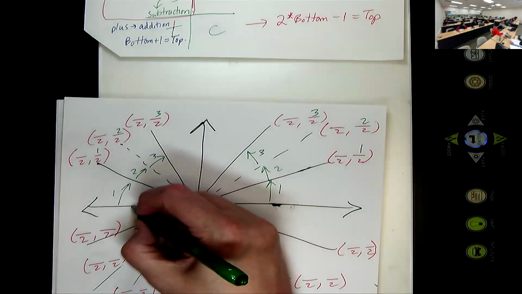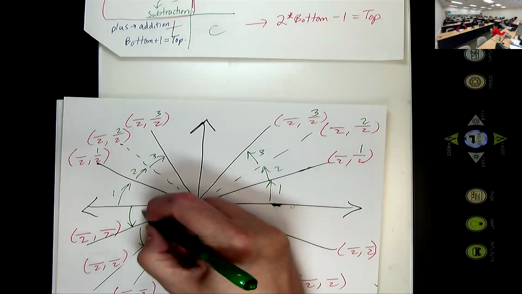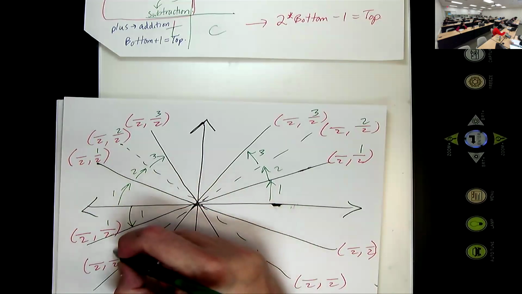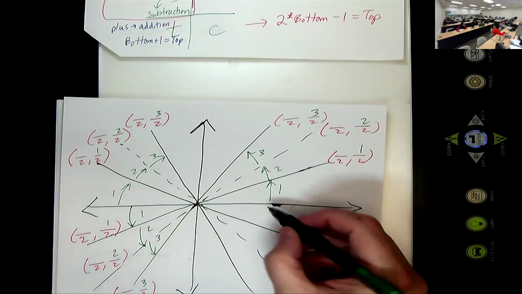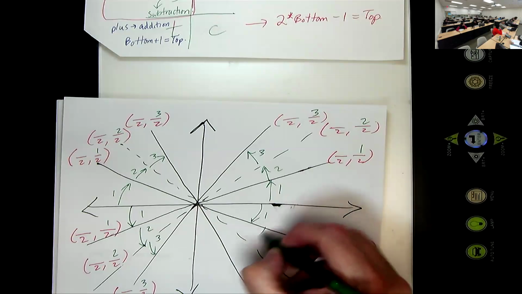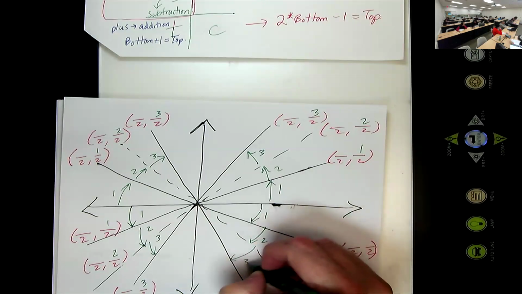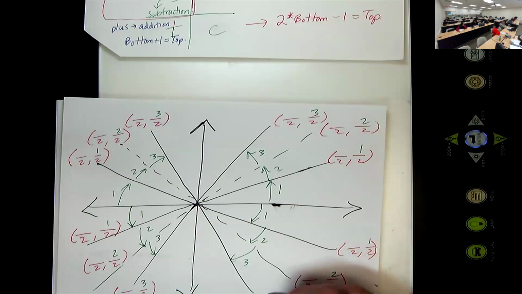If I go downward, 1, 2, 3. Pretty straightforward, right? I think we can manage 1, 2, 3.